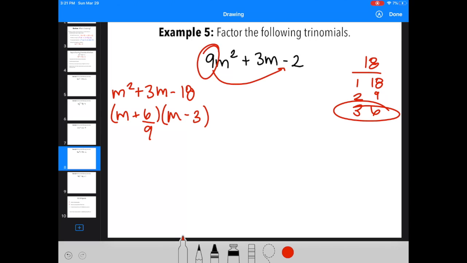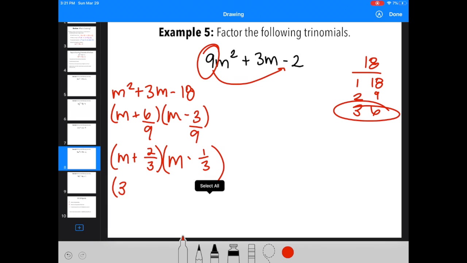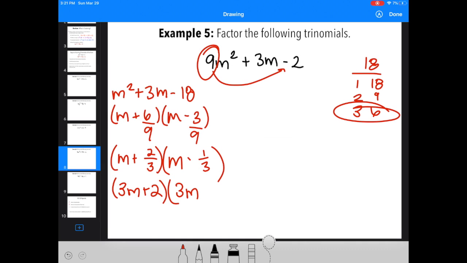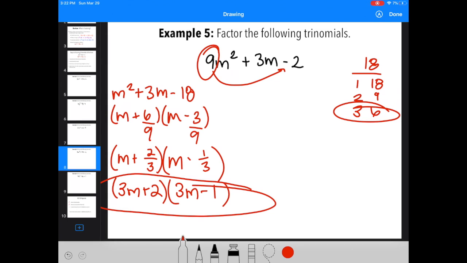I'm going to divide both of those quantities by 9. And none of those come out nice and pretty, so I'm going to reduce those fractions to give me m plus 2 over 3 times m minus 1/3. I'm going to drag those 3s over to give me 3m plus 2 times 3m minus 1 to give me my final answer.